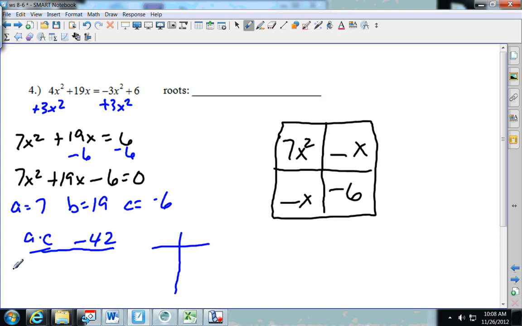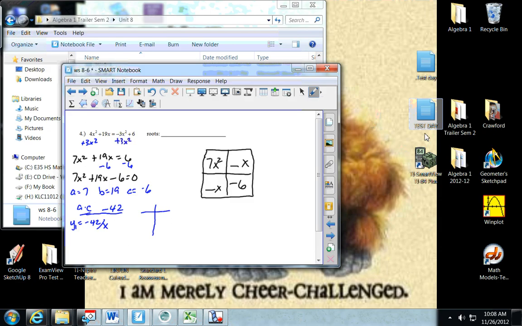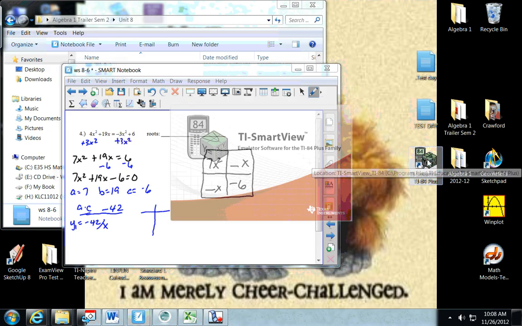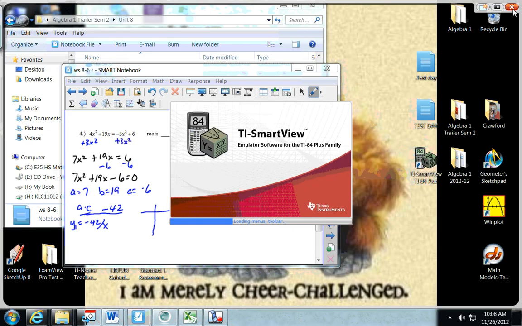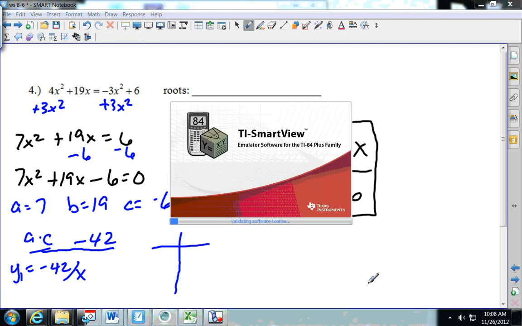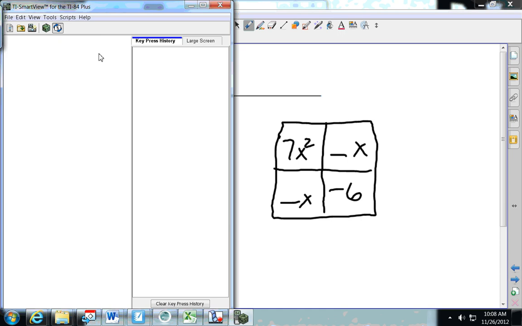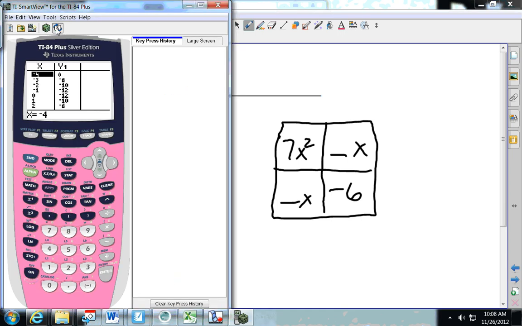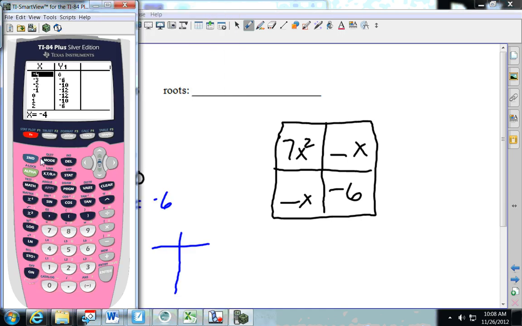Let's see. You can put into y1 negative 42 divided by x. If I go through and do that, let's find my calculator. There it is. Okay, if I go into y equals, put in there negative 42 divided by x.